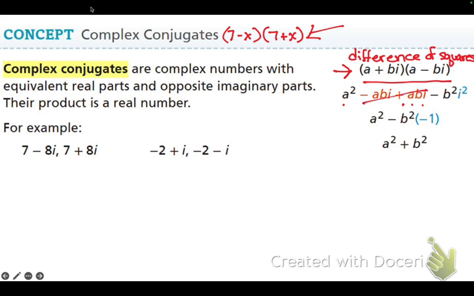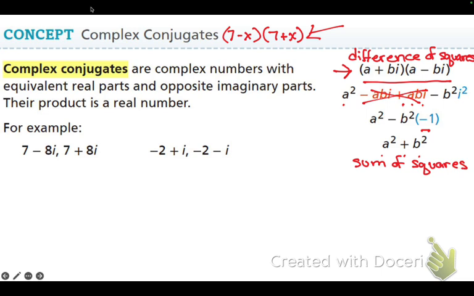So these would zero out, and i squared is negative 1, so I get a squared plus b squared, which is not the difference of squares, it is now the sum of squares. And it will be a real number. As long as there's not an x in there, it will be a number. 6, 15, 13. It will be a number.